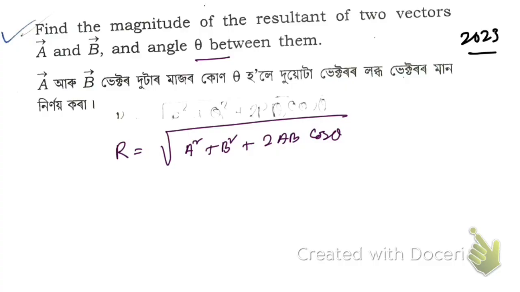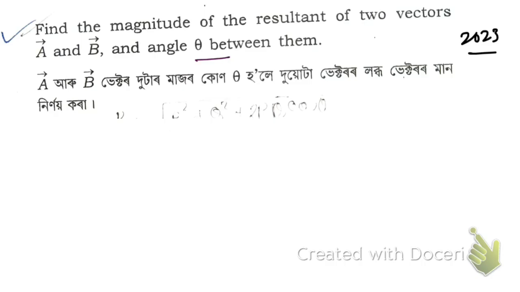To obtain this, let me use the triangular law of vector addition. First let me clean this. Now you see, suppose this is vector A and this is vector B, so let me draw the vectors here.